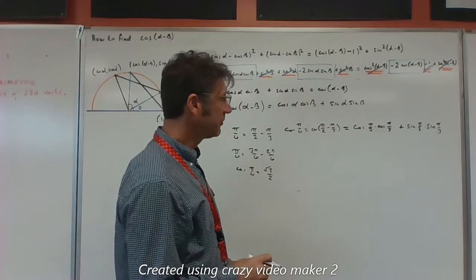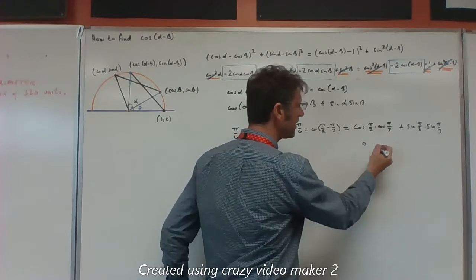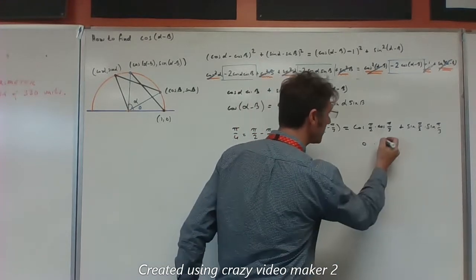Yippee! Let's do some work. Cosine of pi over 2 is 0. Cosine of pi over 3 is 1/2.